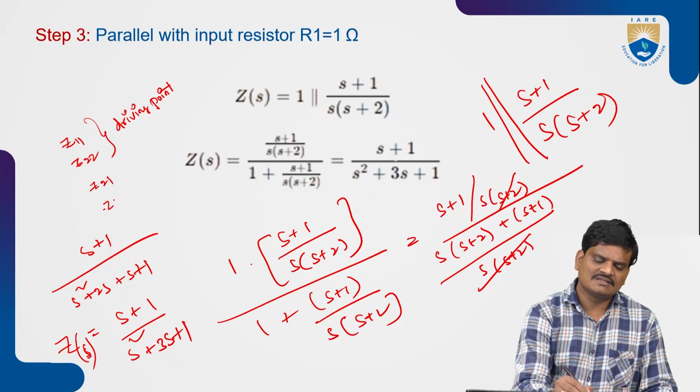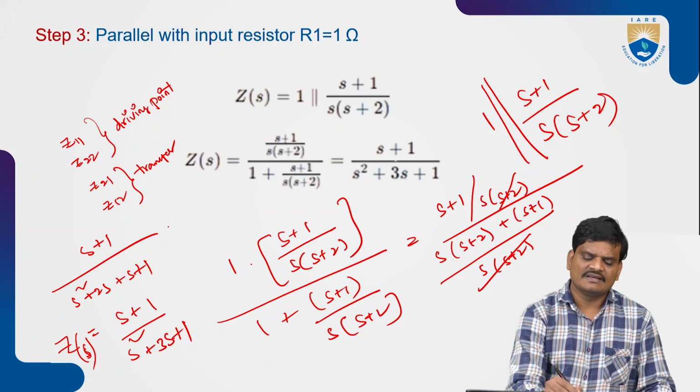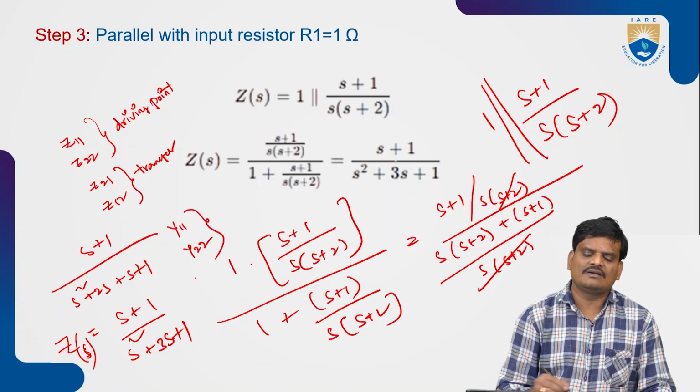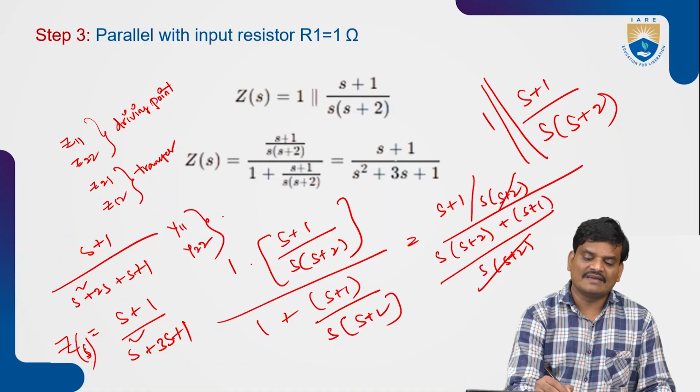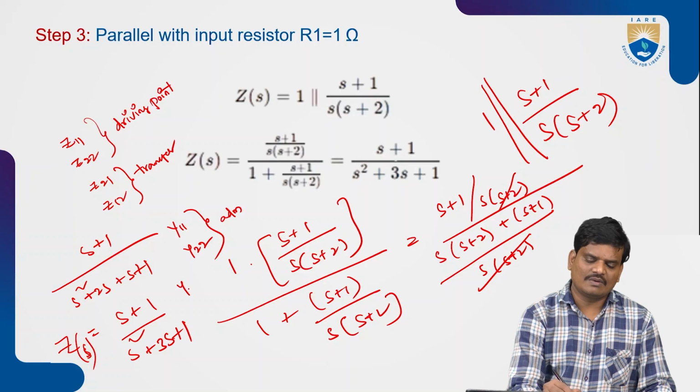Z21 and Z12 are considered as transfer impedances. In a similar fashion, you can calculate the admittances also. Y11 and Y22 are driving point admittances, and Y12 and Y21 are transfer admittances.